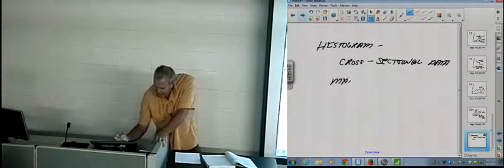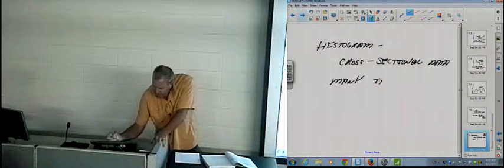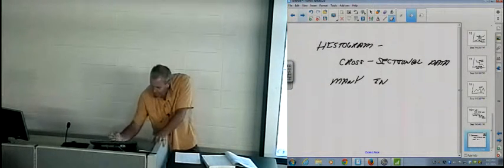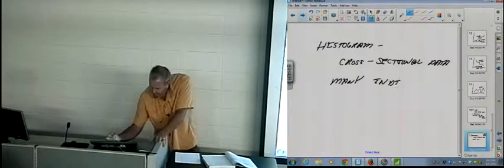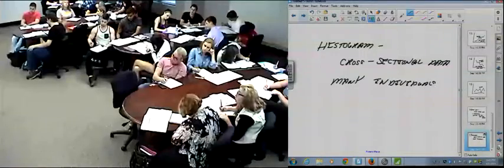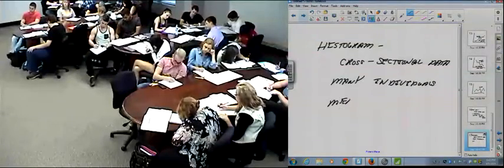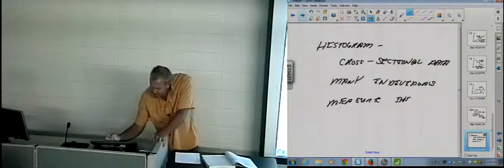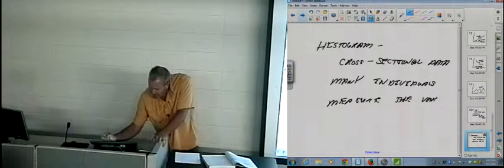Many individuals, measure the variable at one time.